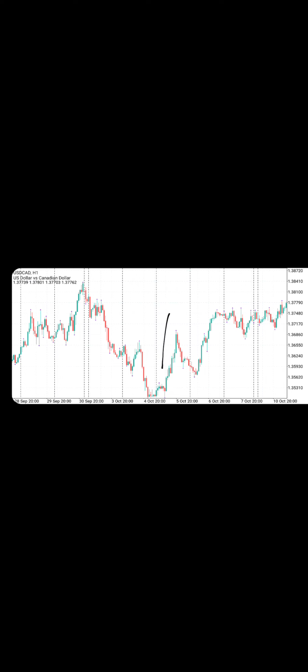Then for a rising wedge, it is like this, price will fall, right? So let's check for more examples so that we can have a better understanding of this particular chart pattern.